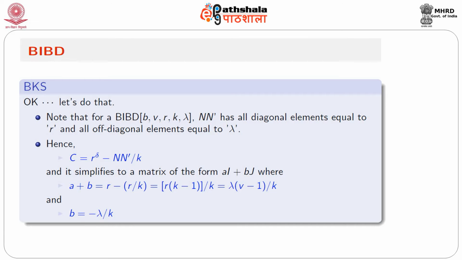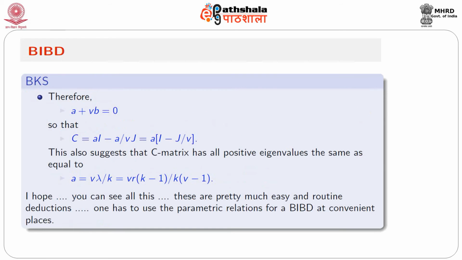Therefore, the C matrix, we know the general form of the C matrix, simplifies to a matrix of the type A into I plus B into J. And you can see what are A and B. Yes, sir. Because C into 1 equals 0, A plus vB equals 0, therefore the C matrix is basically proportional to I minus J over v.